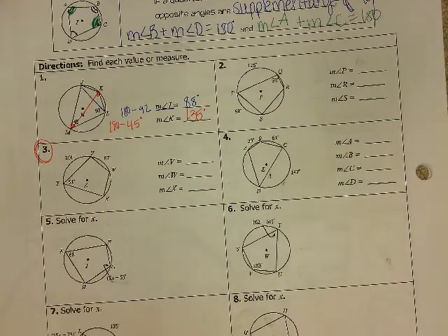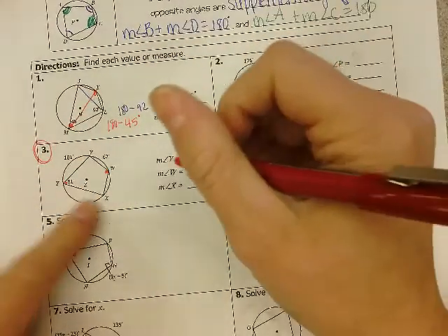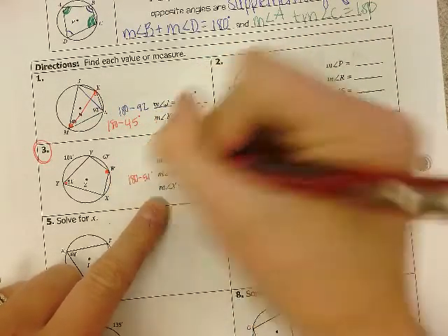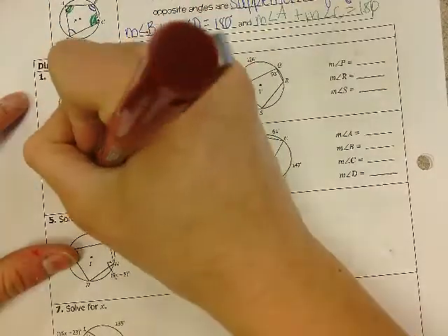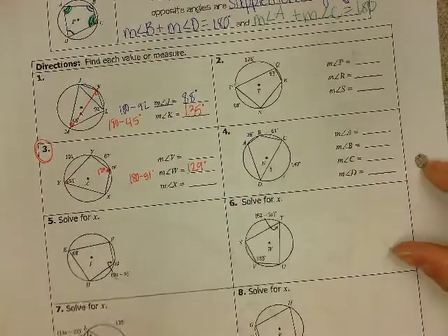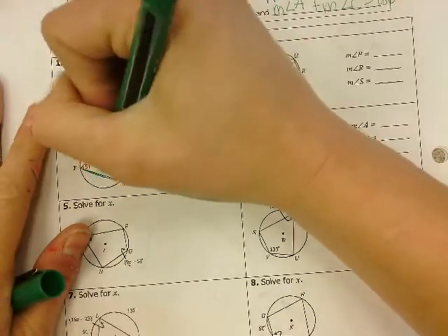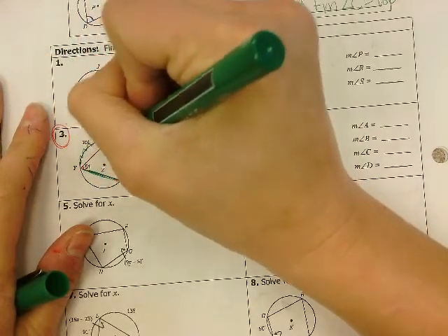Okay, so we can find angle W easily. So that's 180 minus 51. So I get 129 degrees. Now, if I look at this angle, angle X, it opens up to this arc here.